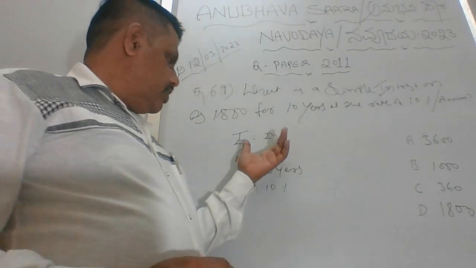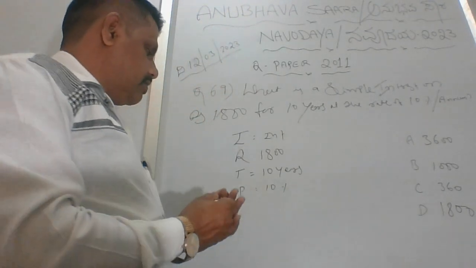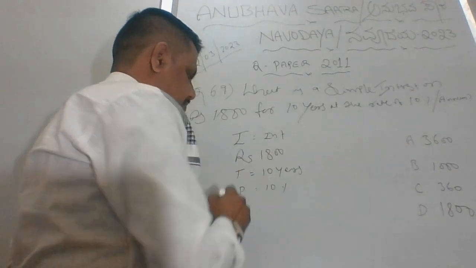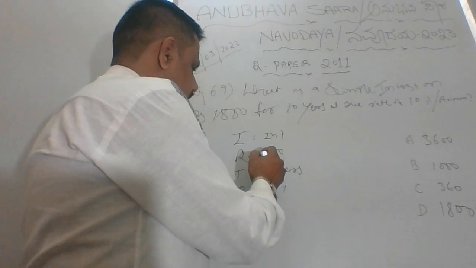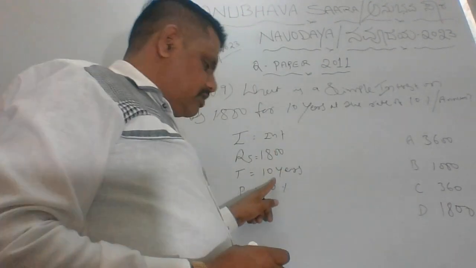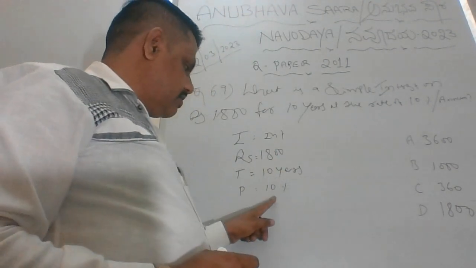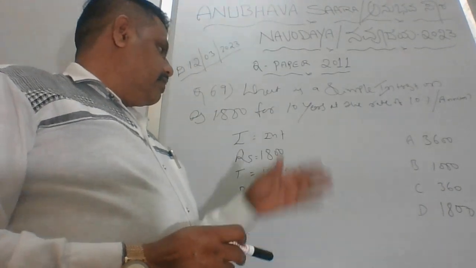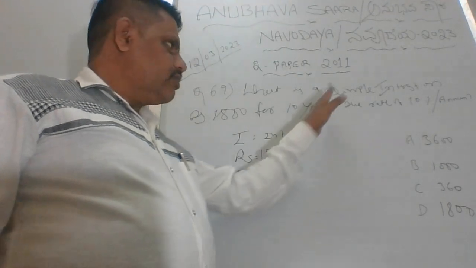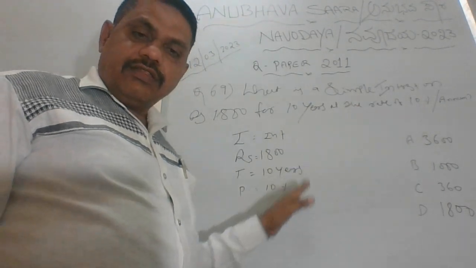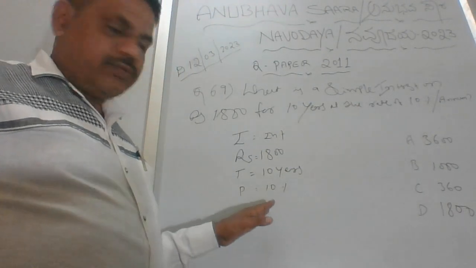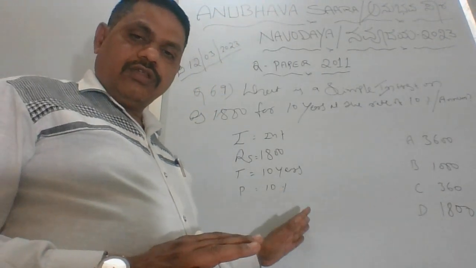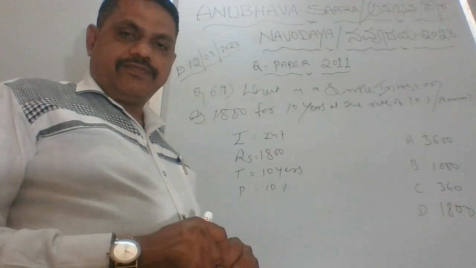So here we got the details. RS 1800, the tenure is 10 and this is 10 years. So once you get the question, you have to segregate it in this way. If you can segregate this, then you can understand clearly how we can solve this question.